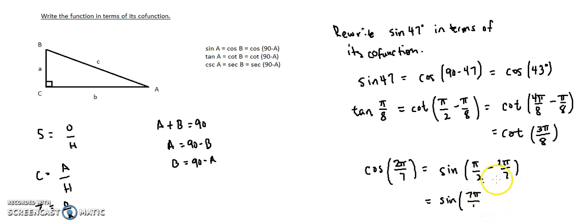Sorry, I do need to get a common denominator of 14. Okay, so 7 pi over 14 minus 4 pi over 14. And that would give us sine of 3 pi over 14. And that's not going to reduce. Okay, so there's rewriting cosine as its cofunction.